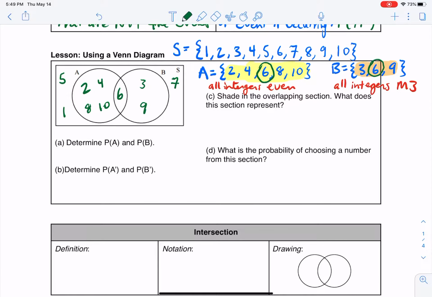All right, so let's look at our probabilities here. Determine the probability of A. P of A is equal to everything that's in set A. Everything in set A is 1, 2, 3, 4, 5 over the total of this entire sample space, which is 10. So 5 out of 10, or 1/2.